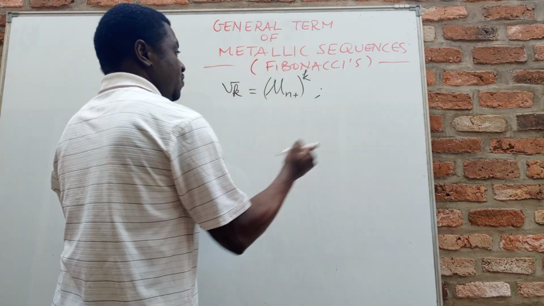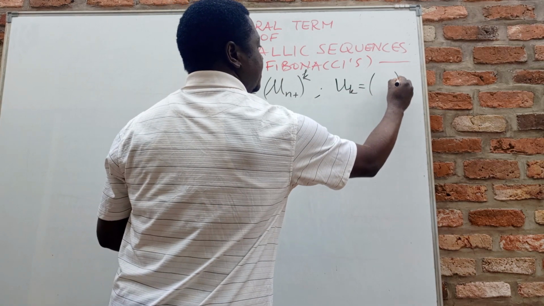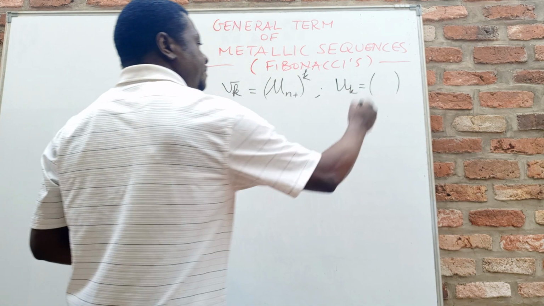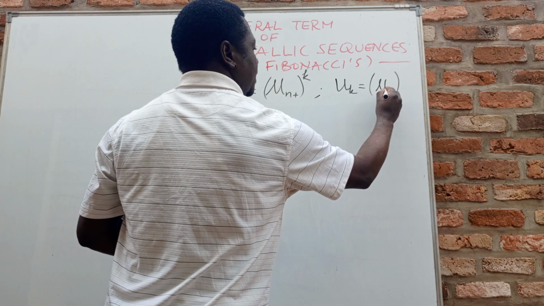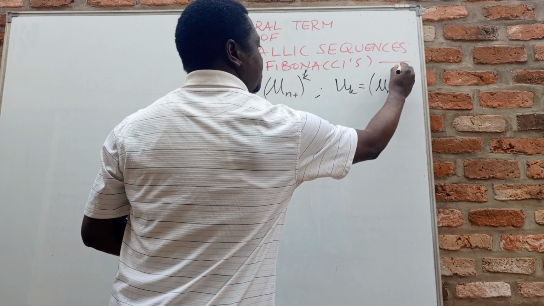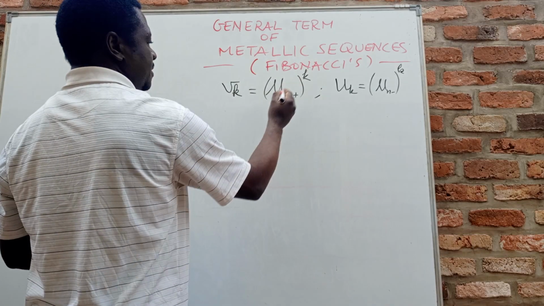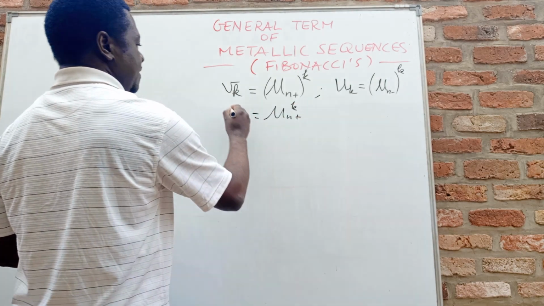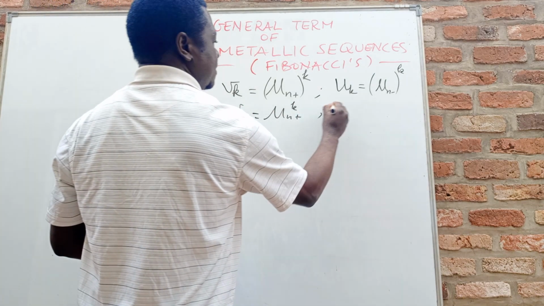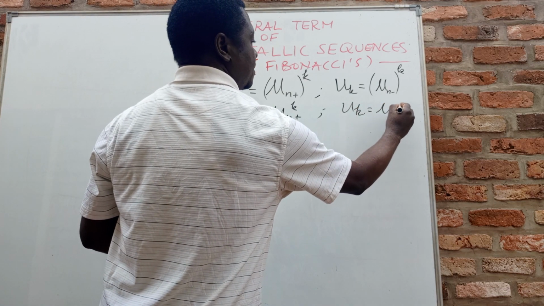Here Uk is the power of its conjugate, mu n minus, power k. So denoted simply mu n power k, and also Uk, mu n minus power k.